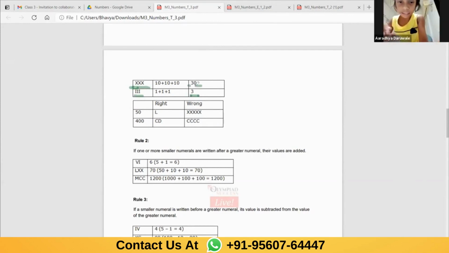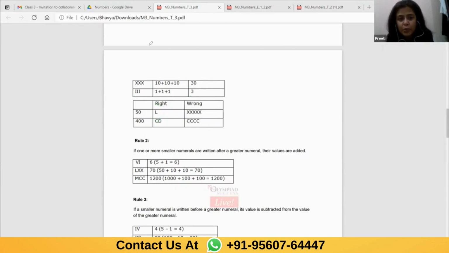But I cannot repeat X more than 3 times. I can't say that X 5 times will make it 50. No. What do we use? We use the symbol L for 50. We don't write X 5 times for 50. Correct? Yes. Okay.